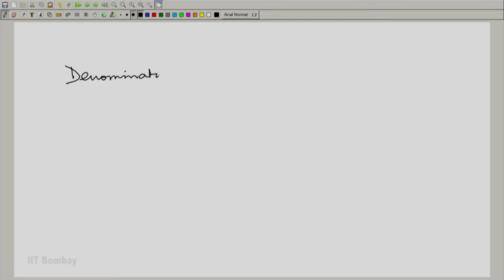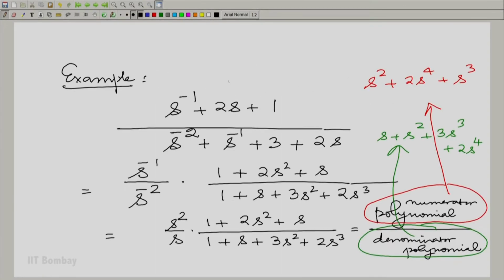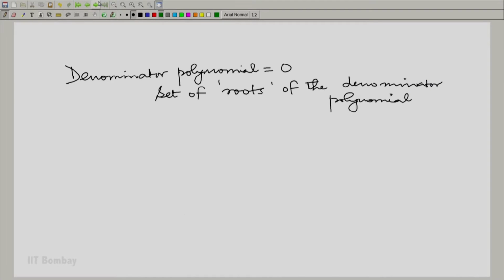Now, let us look at what happens when we put each of these equal to 0. So, let us put the denominator polynomial equal to 0 first. We get a set of roots. For example, in the example that we just discussed a few minutes ago, we are talking about this polynomial and we are saying put it equal to 0. So, what would you have there? You would have s plus s squared plus 3s cubed plus 2s to the power 4 is equal to 0.